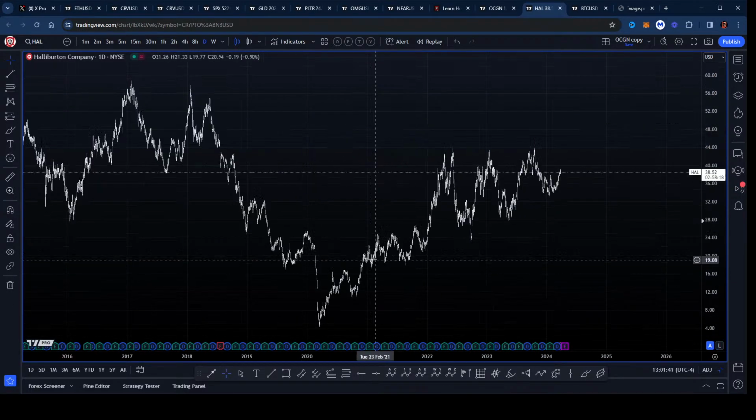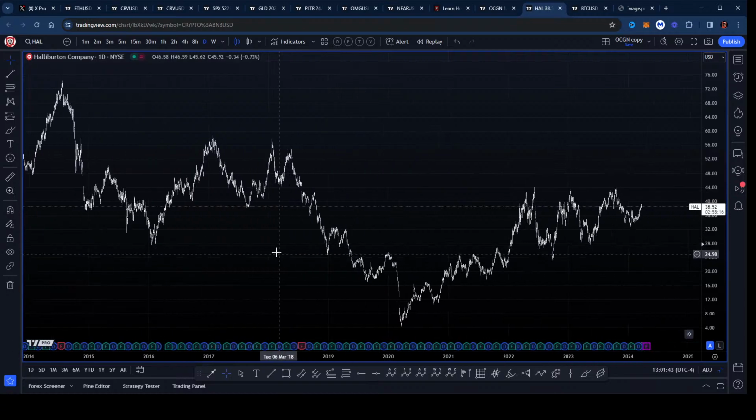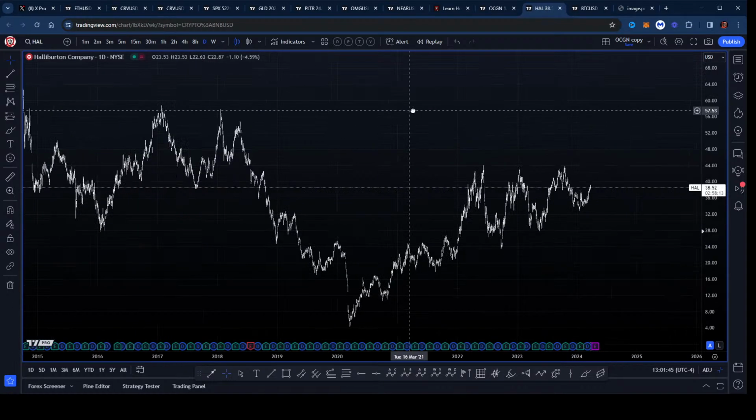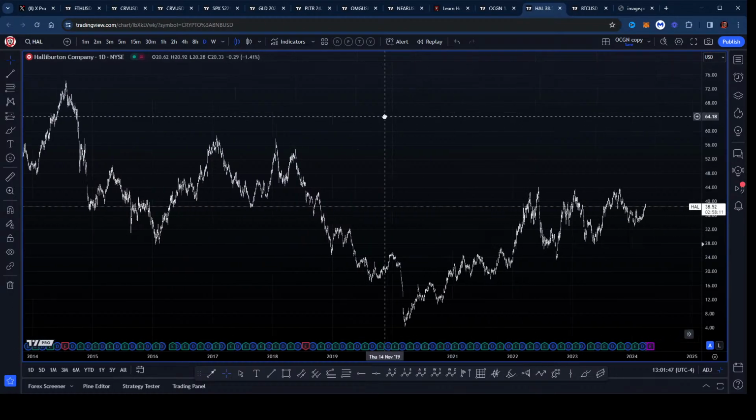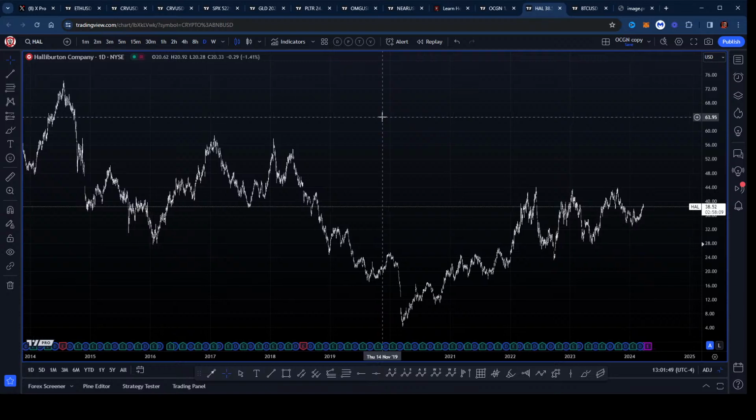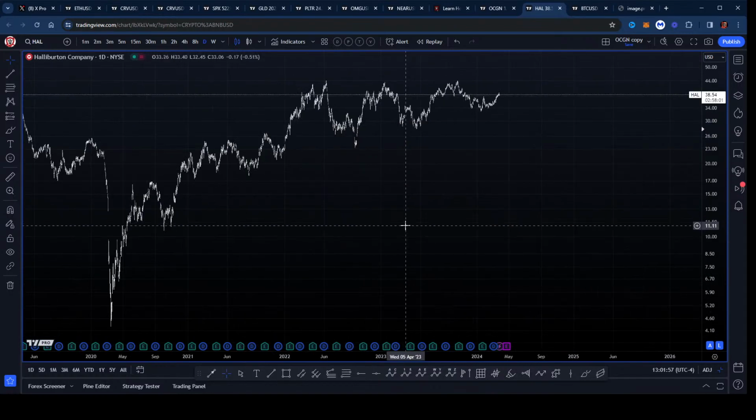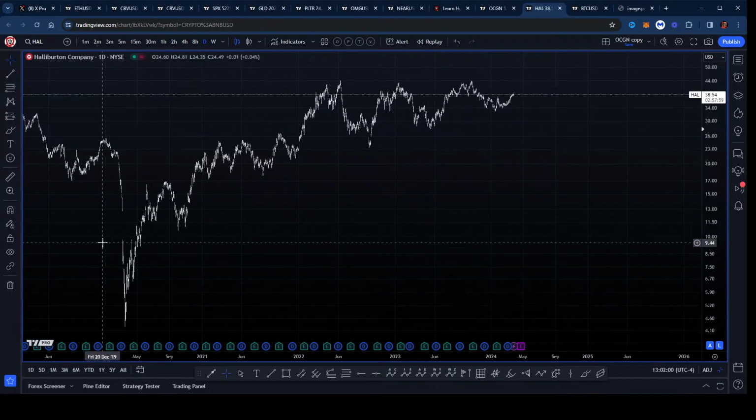There are some assets you can't even see if it's not in log. This is 76 to. I have to be in log here. Let's see. I don't think it'll change our analysis here.